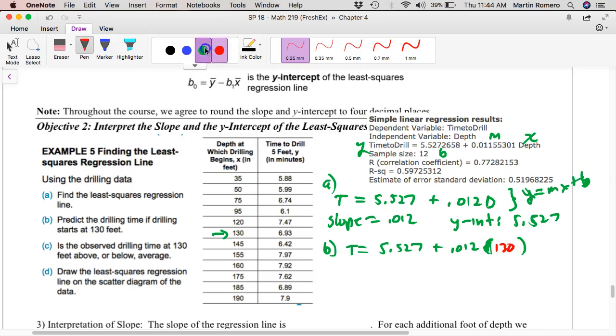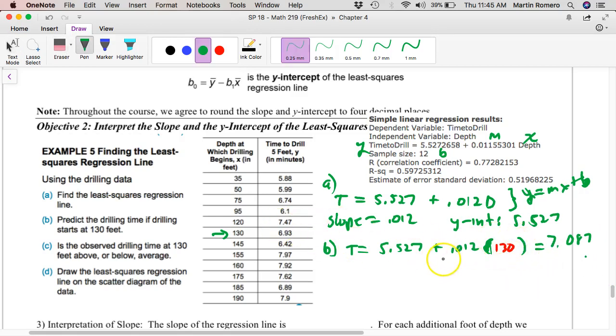What does our equation predict for that? When you do that calculation, you get 7.087 seconds. That's how long it would take to drill 5 feet.